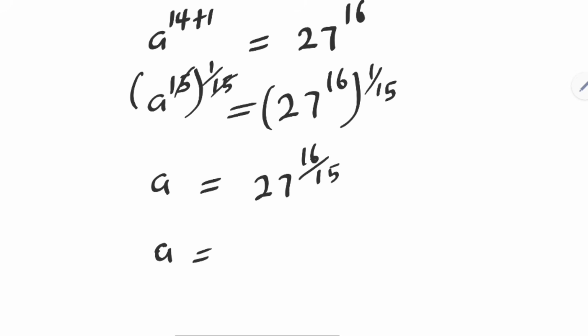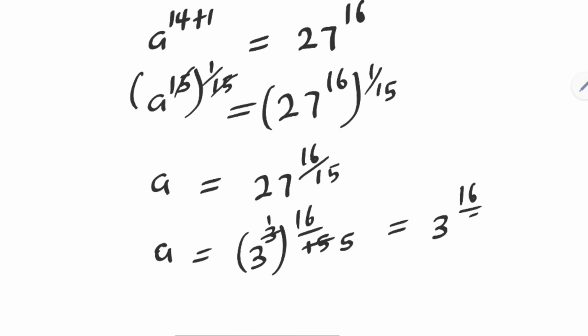A is equal to 27, which can be written as 3 raised to power 3, to the power of 16 over 15. 3 here 1, 3 here 5. This is equal to 3 raised to power 16 over 5.